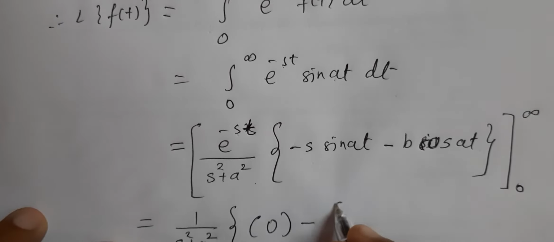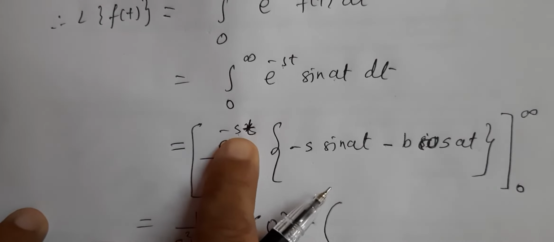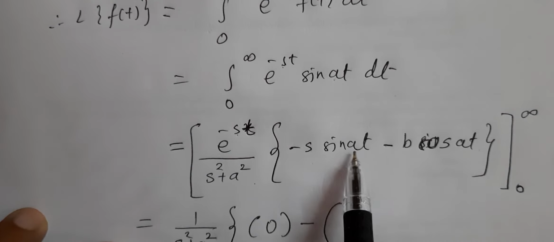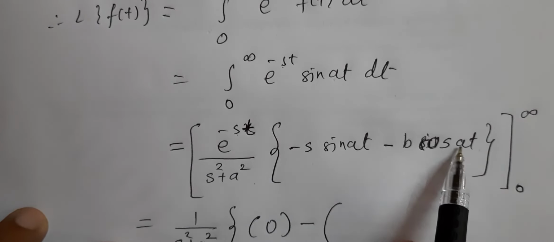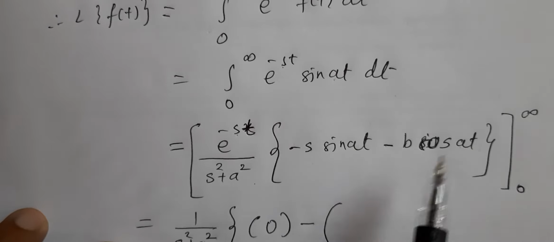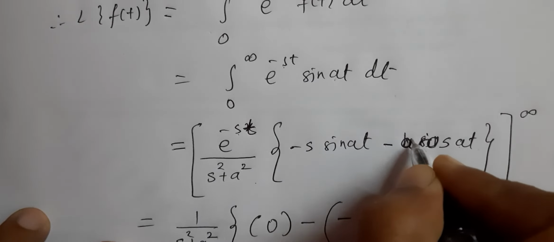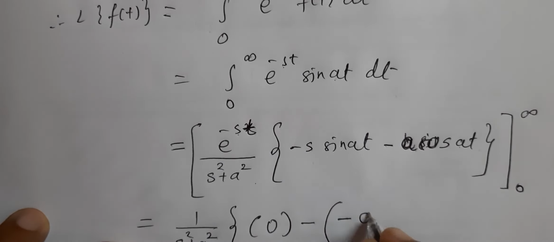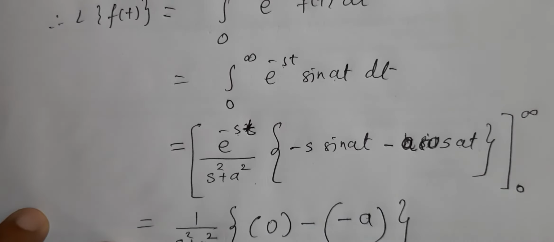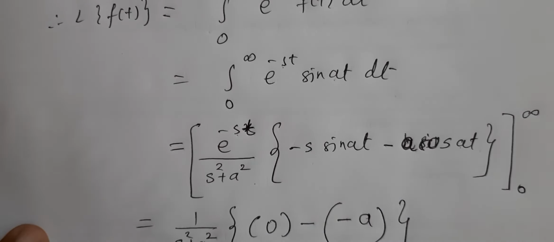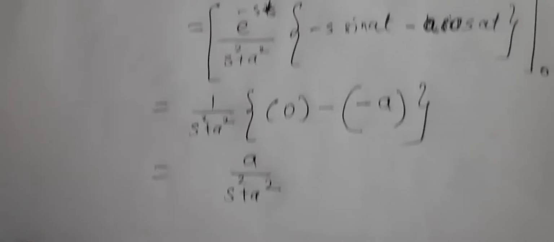When you put the lower limit, e raised to 0 is 1. Put 0 here, sin 0 is 0. Put 0 here, cos 0 is 1. So what is left with us? This b, I mean here it is a, I am sorry. What is left is minus a, and with the sign we get a upon s² + a².